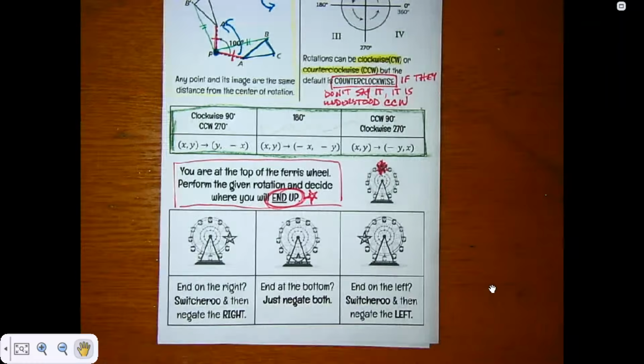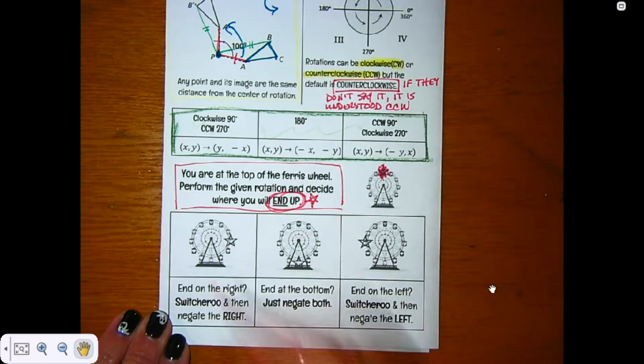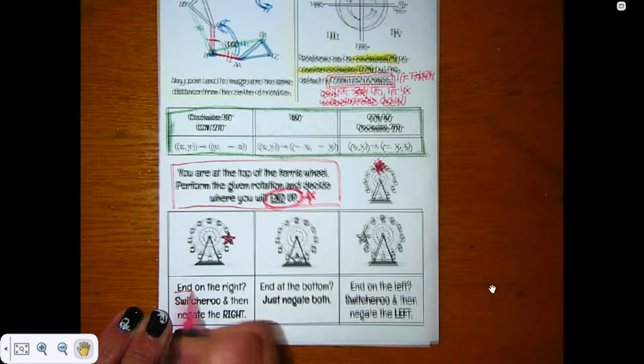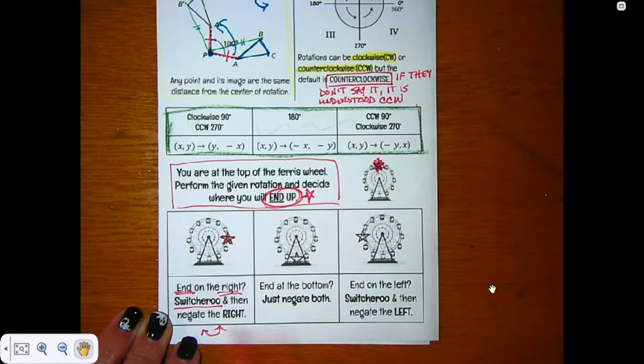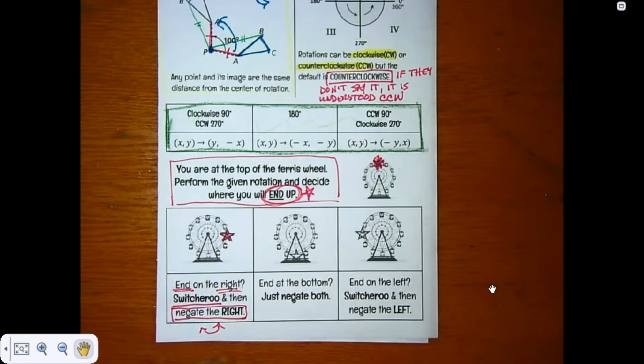So if I look at my Ferris wheels at the bottom, if I were to do some kind of rotation from the top, and I would end up on the right hand side, if I end on the right, then I do the switcheroo, which is basically trading places. Then I negate the right coordinates.